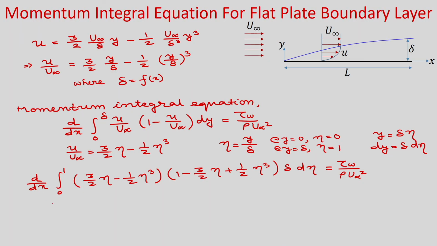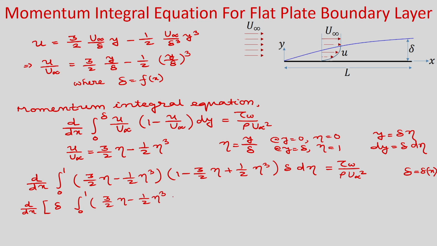So, you can see that if you multiply this, then you will get d of dx delta. You can see that you can take it outside this integral, because delta is function of x, right, delta is function of x. So, obviously, as you are integrating over this d eta, you can take this delta outside the integral. So, you can write delta integral 0 to 1, now you multiply this. Okay. So, if you multiply this, you will get 3 by 2 eta minus half eta cube.